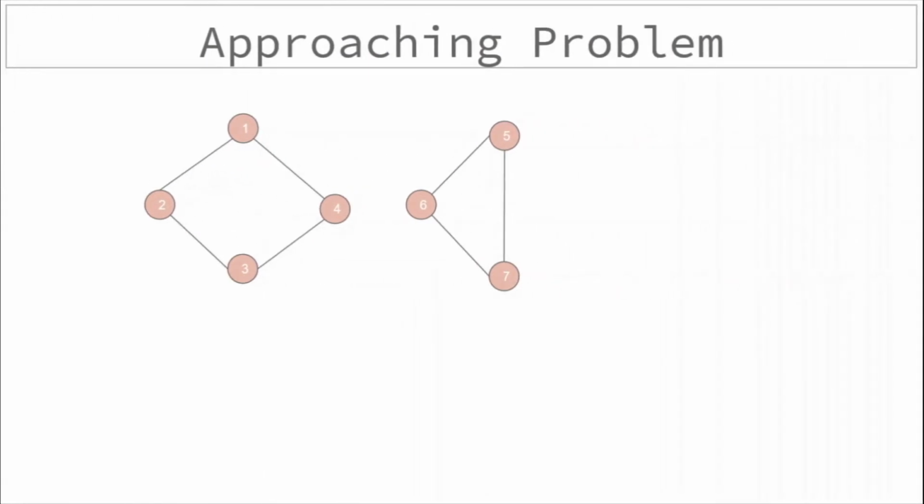An important thing to note is that since there can be more than one connected component, the whole graph must be bipartite. It is not sufficient to check only a single connected component. As you can see, this connected component is a bipartite graph, so there is no problem with this, but this connected component is non-bipartite, and hence the solution would be 0 for the whole graph.